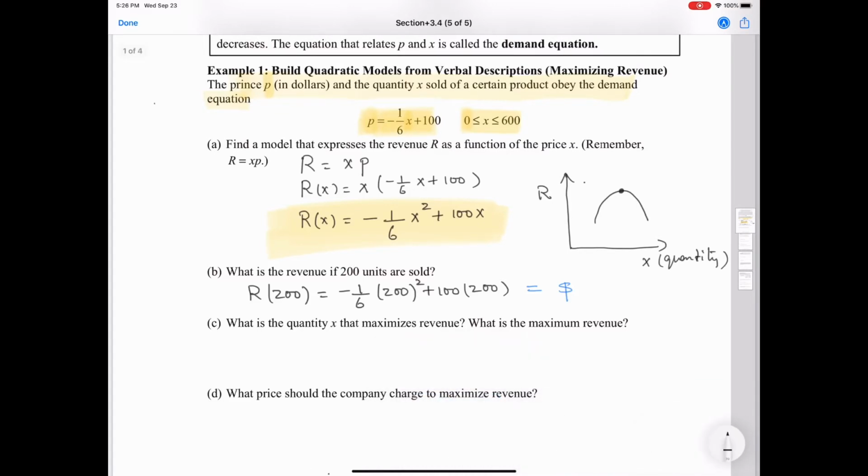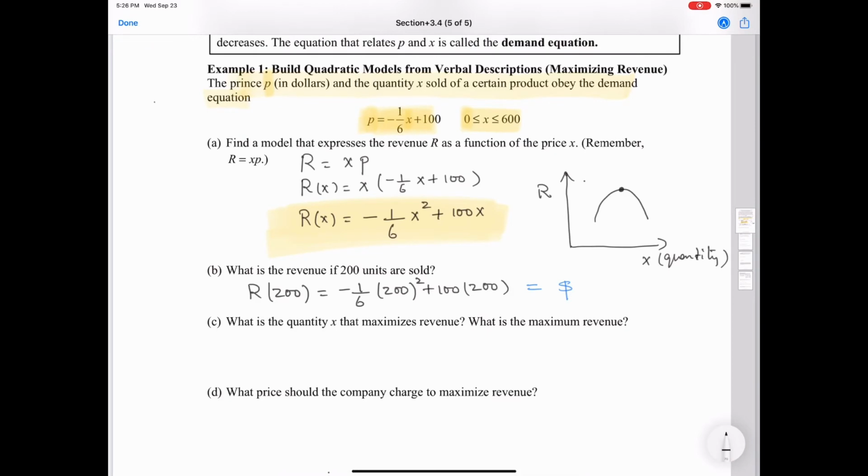The next thing it's asking is what is the quantity x that maximizes revenue? That's the first part of the question. And what is the maximum revenue? If I find the vertex, I will get the x value, which will answer the first part of the question, and if I get the y coordinate, I can find the maximum revenue.